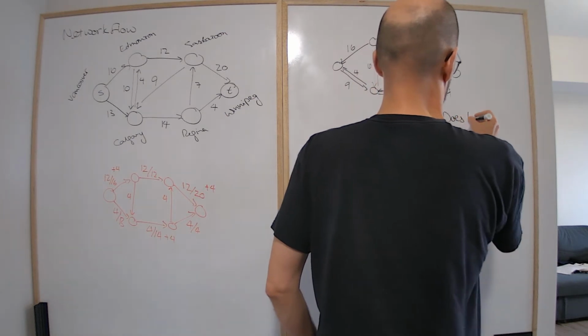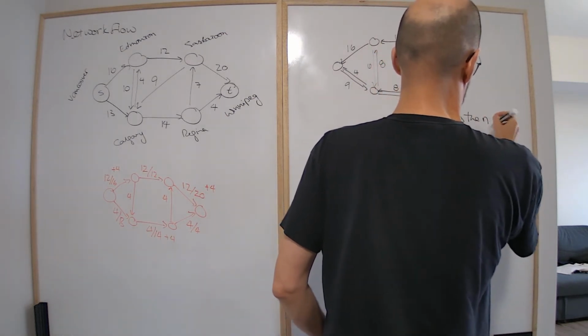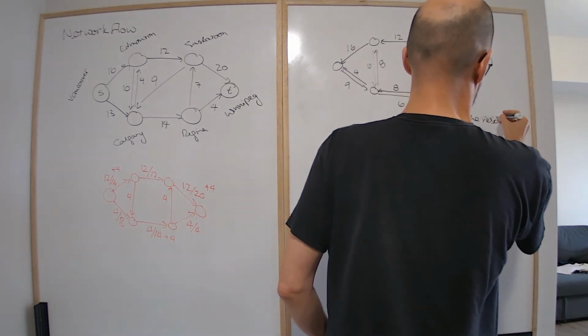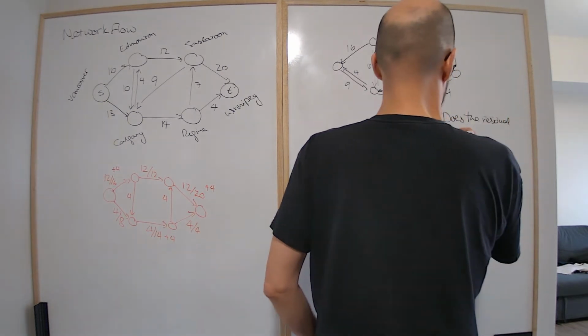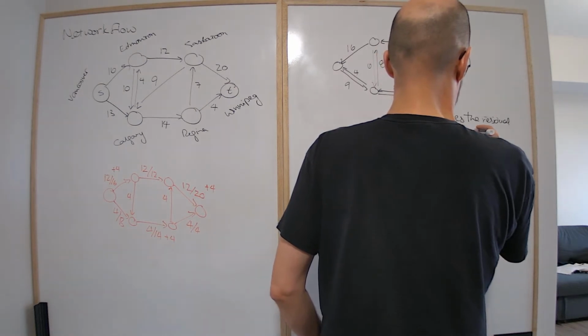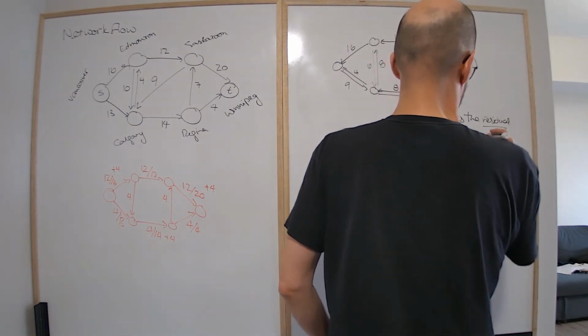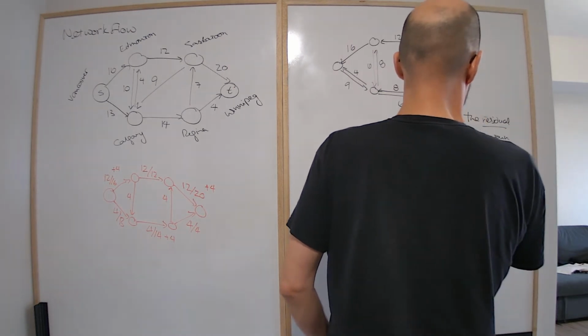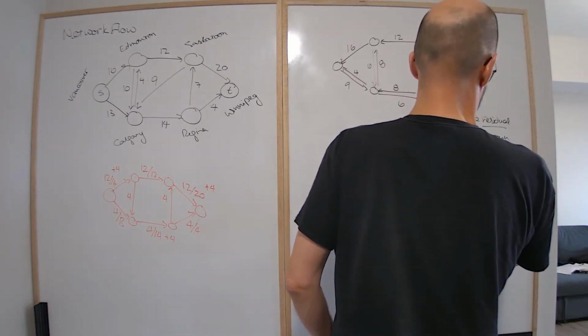Does the residual network contain an augmenting path?